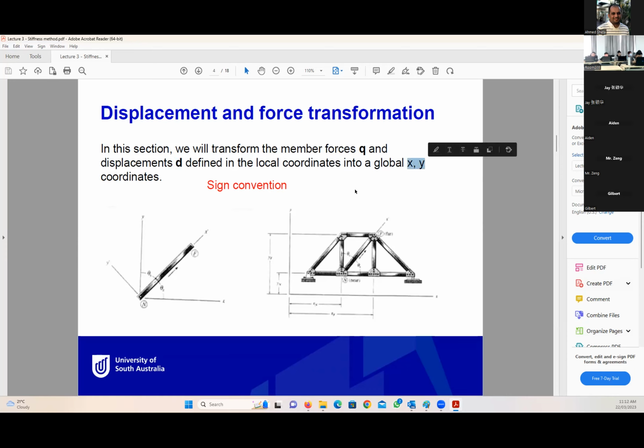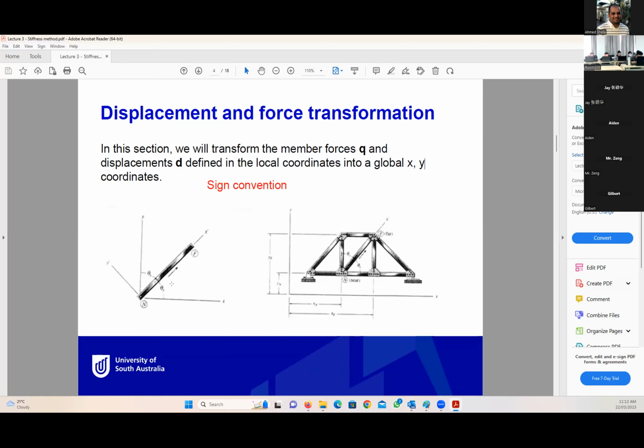Q small is the member force vector, and the displacement is the d vector, and the global system is x and y coordinates. Okay, this truss is another example. We have member NF, an inclined member, for example. It has two angles. The angle with the x-axis is theta x, and the angle between the member and the y-axis is theta y.